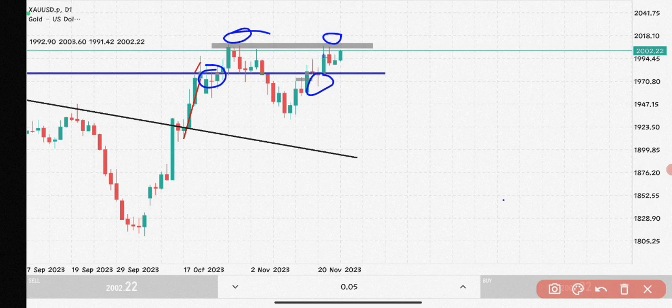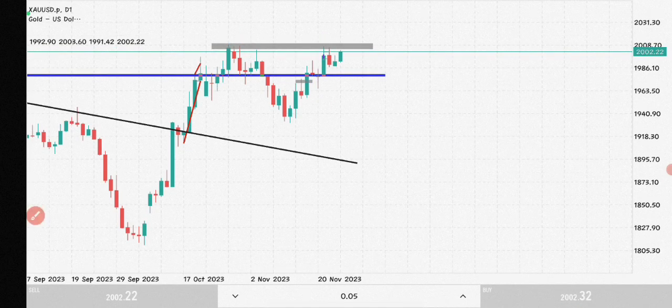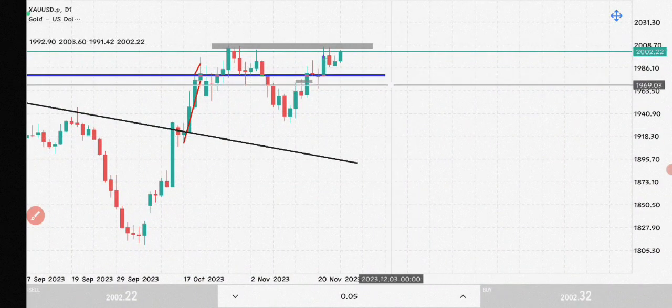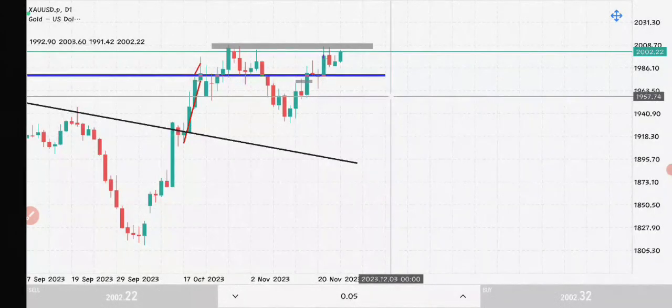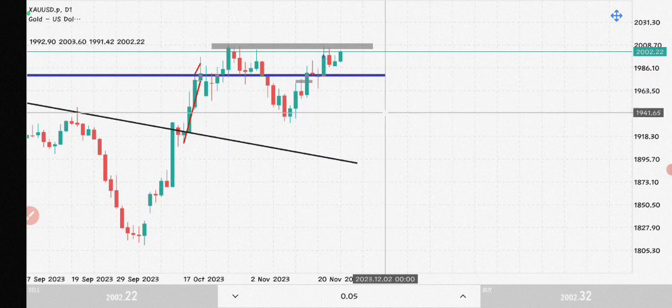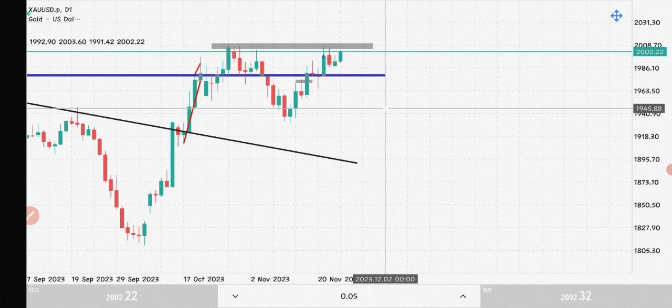For now, it's still trending up, but our anticipation from the daily time is still showing us that the market could drop down to this zone. That's 1957. That's where we are expecting that the market can drop down to first, before attaining 1945.